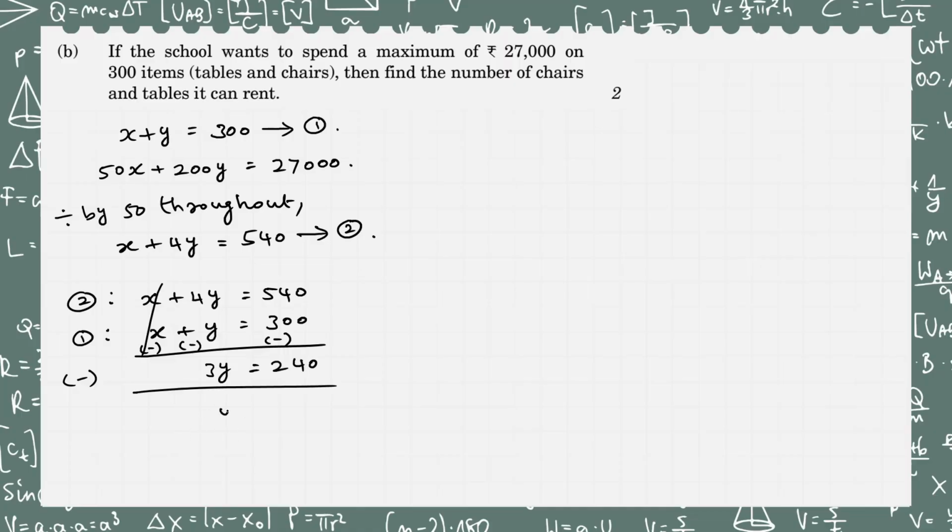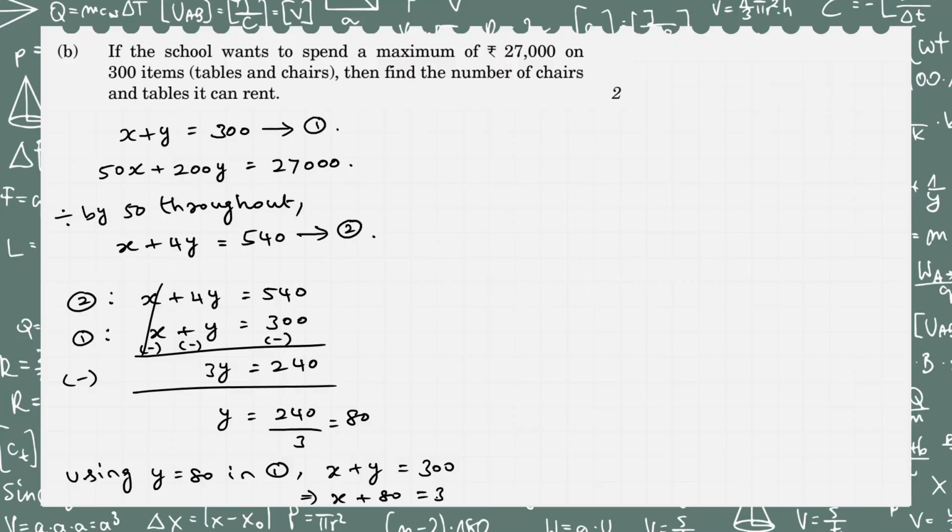Okay, so y equal to 240 divided by 3, which is 80. Now if we put this y value in equation 1, using y equal to 80 in equation 1, we get x plus y equal to 300 implies x plus 80 equal to 300. That implies x equal to 300 minus 80, which is 220.